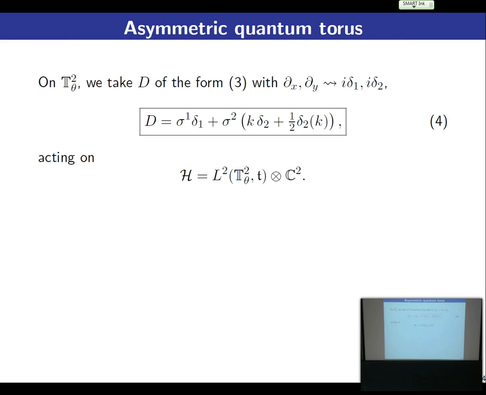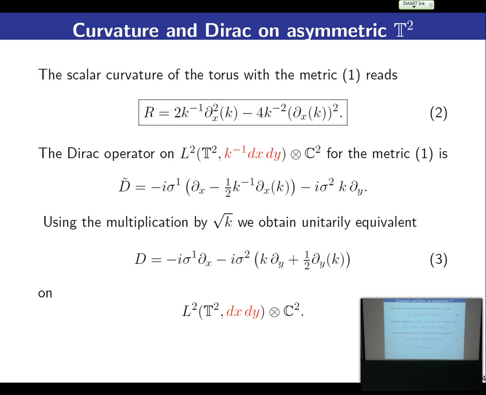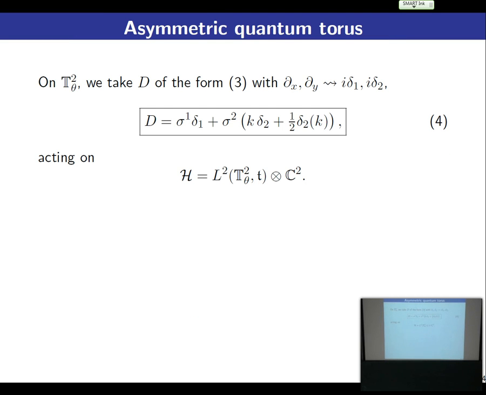On the non-commutative torus, we take it exactly like that. The only change is that we change the Hilbert space. Instead of the integration with the measure, we take the non-commutative trace, and instead of the derivatives, we take i times the derivations, which are present here. So the operator looks similar. There are no i's there because they are hidden: the derivatives were anti-Hermitian, so these are Hermitian derivations after the i.